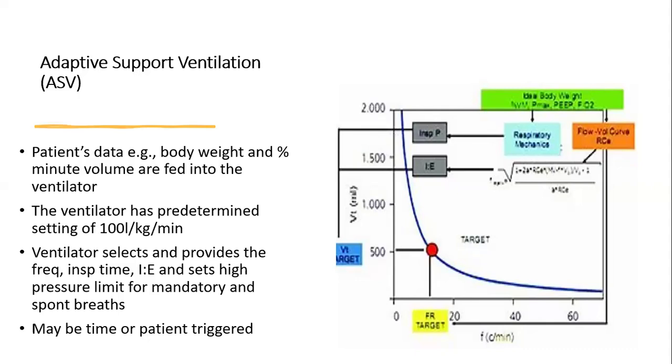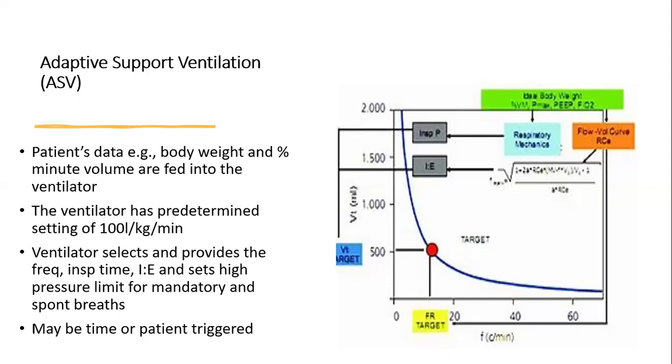ventilator, it decides and selects the required frequency, inspiratory time, your IE ratio, and the pressure limit for mandatory and spontaneous breaths. All right, this is beautiful because the bulk of the work is taken over by your device, your mechanical ventilator. All you need to do is to say patient AS, body weight 65 kg.